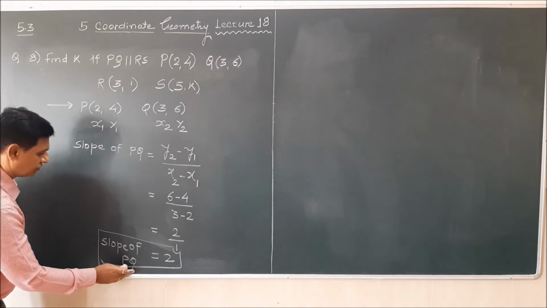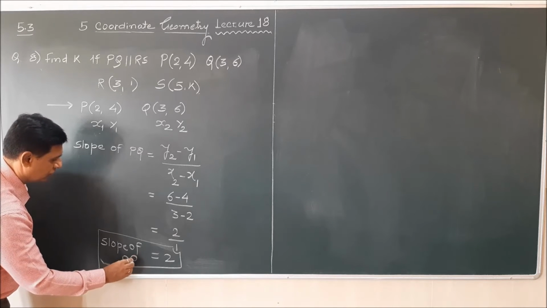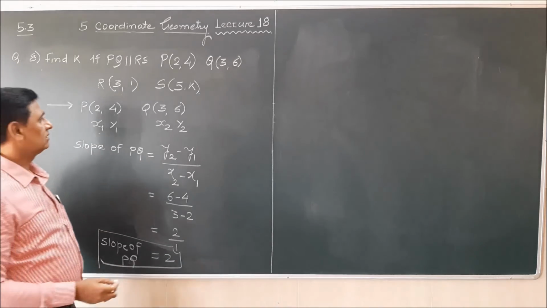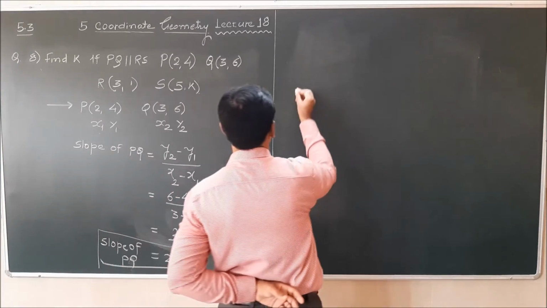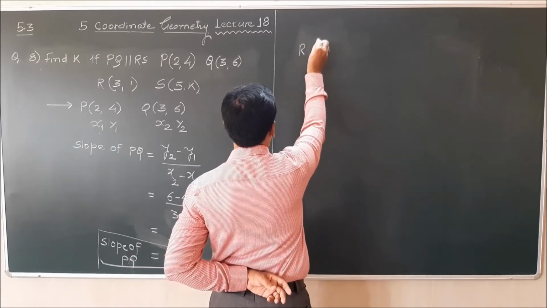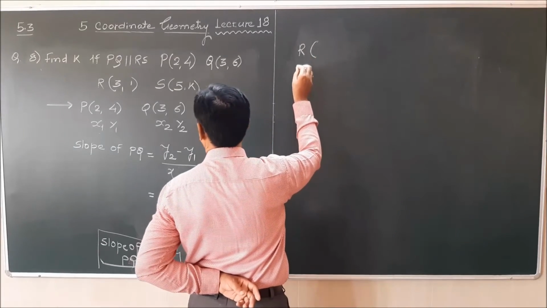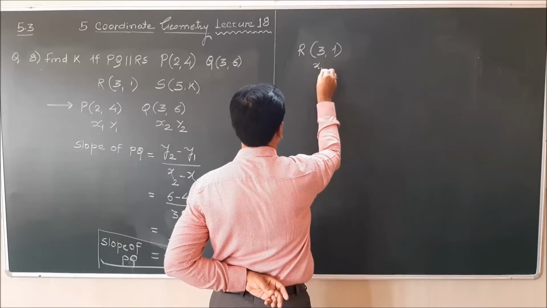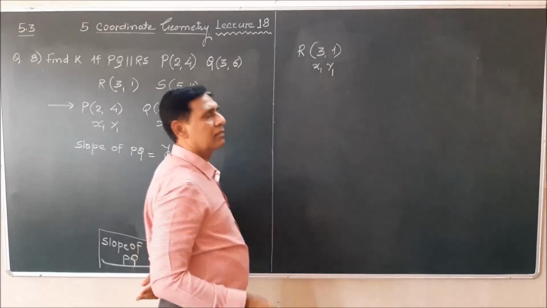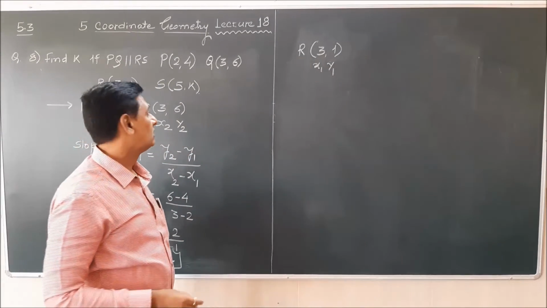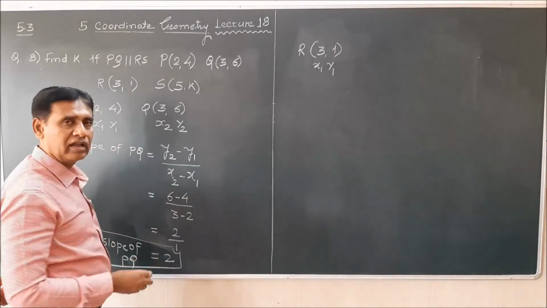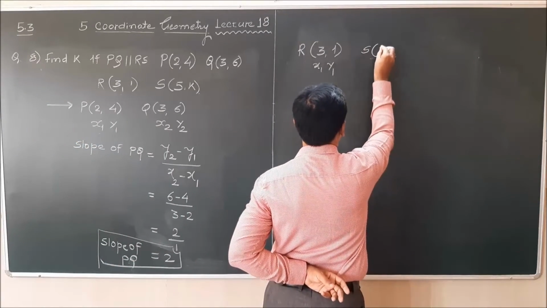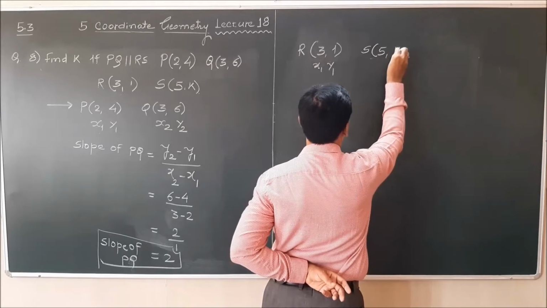Likewise, I have to find out the slope of RS. So let's see here. I'm going to label the coordinates of R as 3, 1, which is already given, as x1 and y1. Then coordinates of S are 5, k.